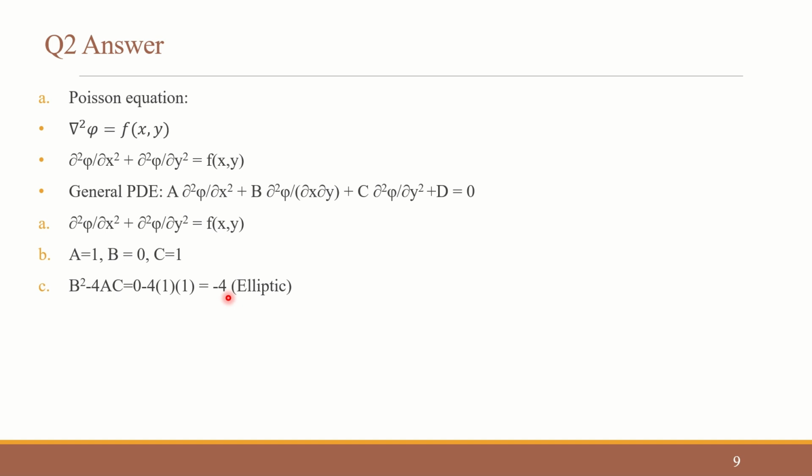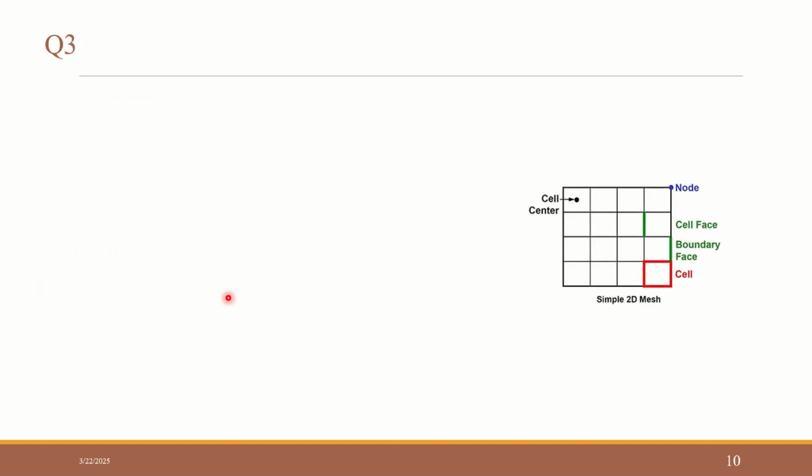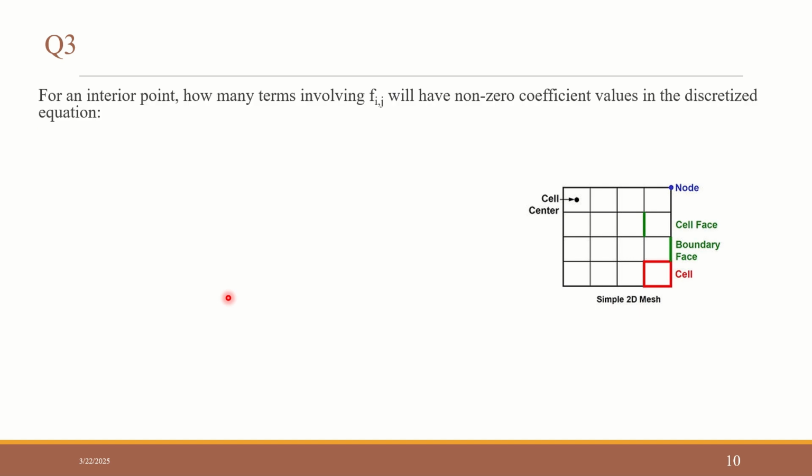Alright, now we will move on to the next problem, question 3. For an interior point, how many terms involving f at i comma j will have non-zero coefficient values in the discretized equation?